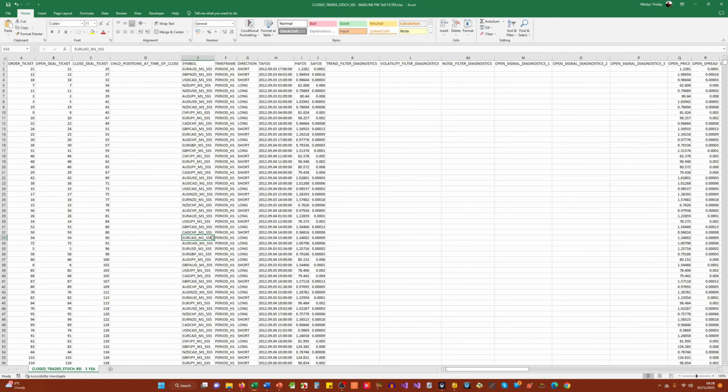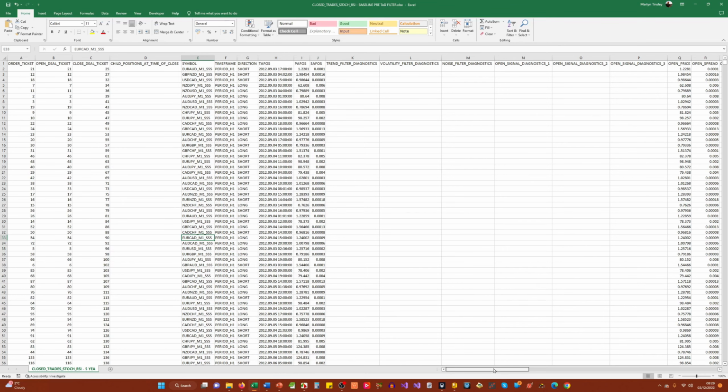So first of all, let me explain where I get all of my data for the analysis of a trading strategy's performance. And note that I do this both in backtesting and also in my live trading accounts. And I obtain that data by saving it from the expert advisor into a CSV file, which can then be opened up into any spreadsheet application.